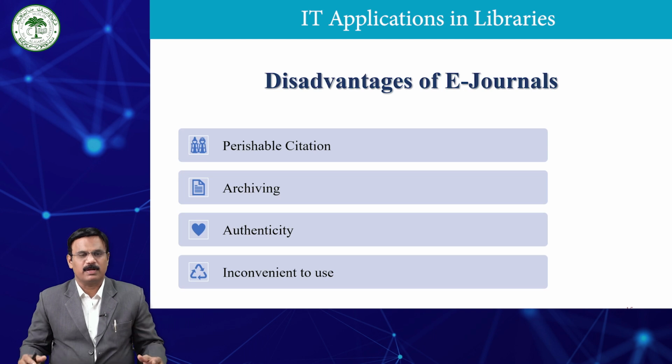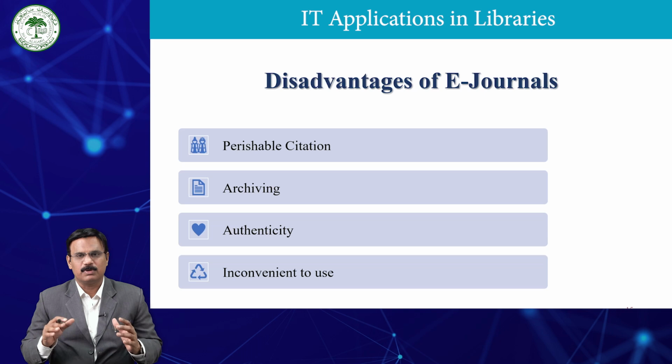Now we need to discuss the different disadvantages of e-journals. The first point is perishable citation. A perishable citation refers to a citation in academic or scholarly work that points to a source of reference, typically online, which is at risk of becoming inaccessible or unavailable over time.